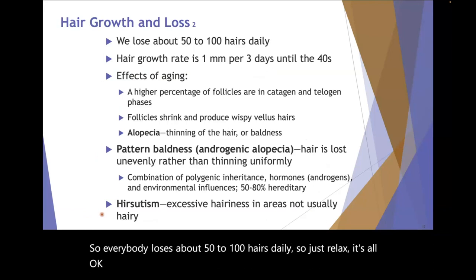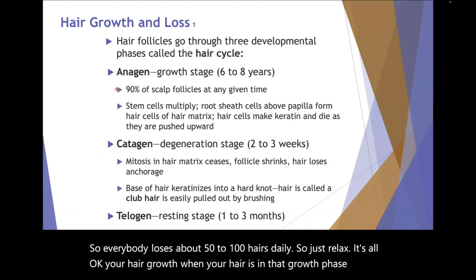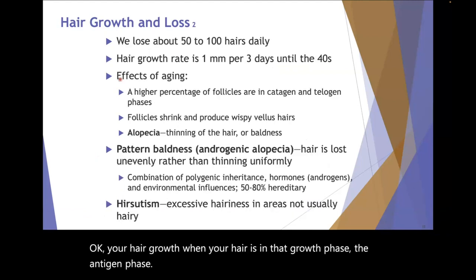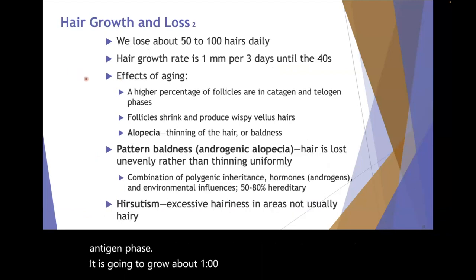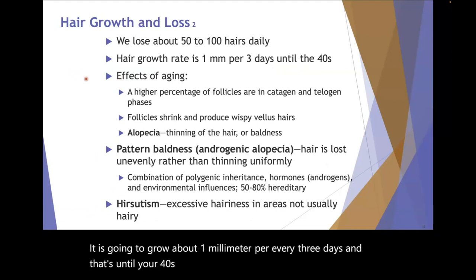When your hair is in that growth phase, the anagen phase, it is going to grow about 1 millimeter every 3 days, and that's until your 40s. After that, things don't go as well as you would like.